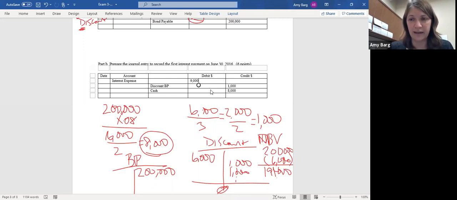You would have to add that back in. So there's the cash part that they paid, the 8,000, and then there's this extra $1,000, which is a non-cash expense. It's going to be expensed on the income statement, just as a loss would be, but it's not really a cash loss. It's a non-cash sort of thing. So the interest expense looks like it's higher than they're actually paying out in cash.